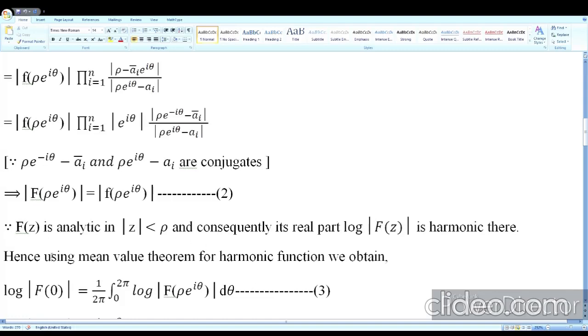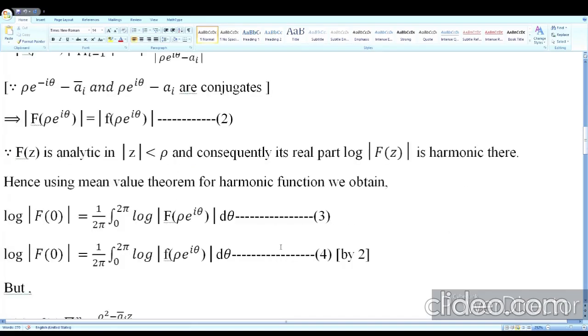And already we know capital F(z) is analytic in |z| < ρ. So if it is analytic, we know that the real part of an analytic function, log|F(z)|, is harmonic. So we use the mean value theorem for harmonic functions.